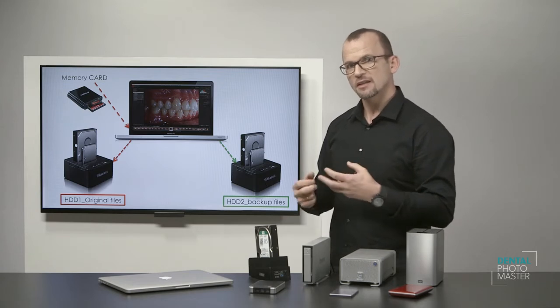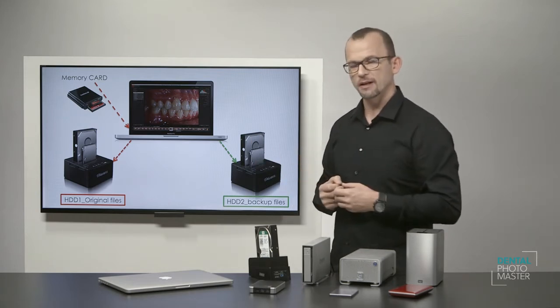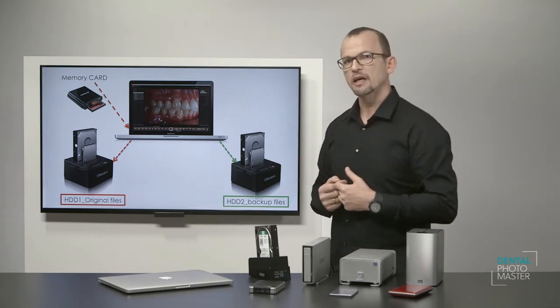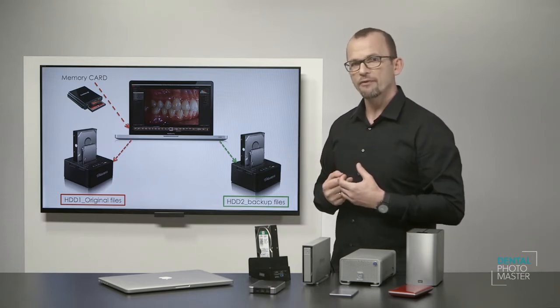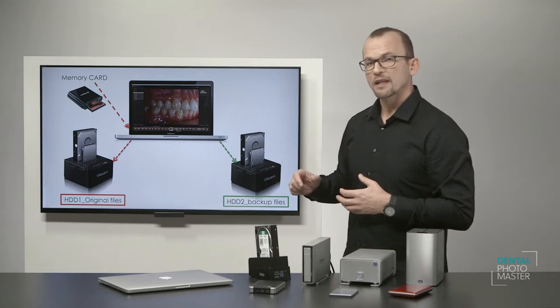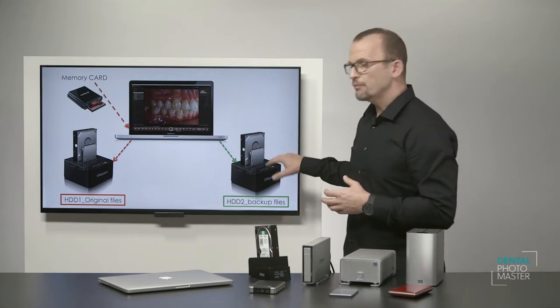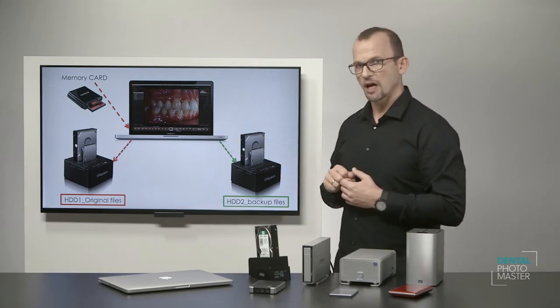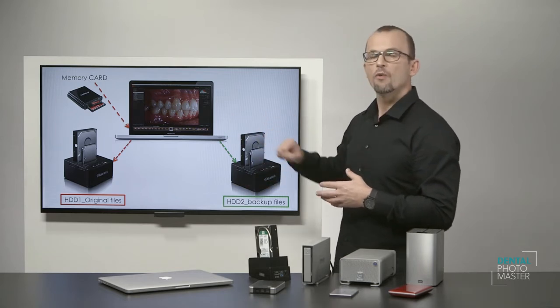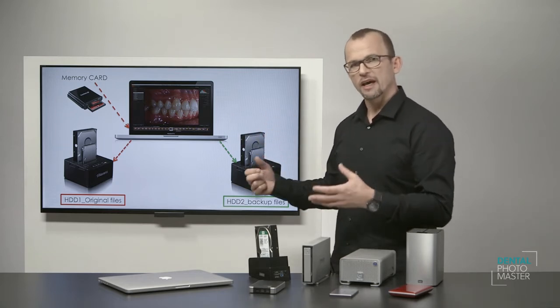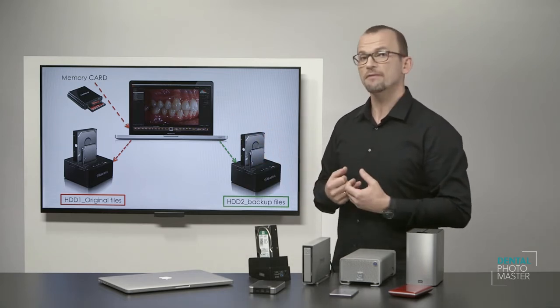Copy means that this is a copy of the original file. That's why we talk about at least two destinations where we would like to have the same material saved. That's why we rely on two separate hard disk drives. In case one is failing, we still have one more copy where we can see and find our files.